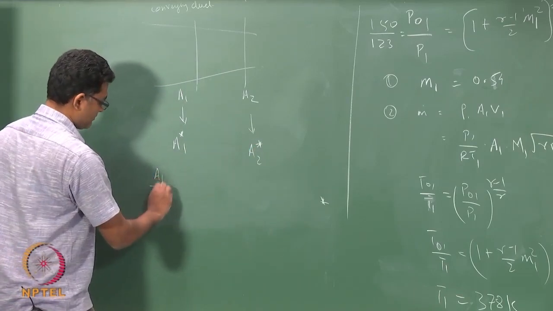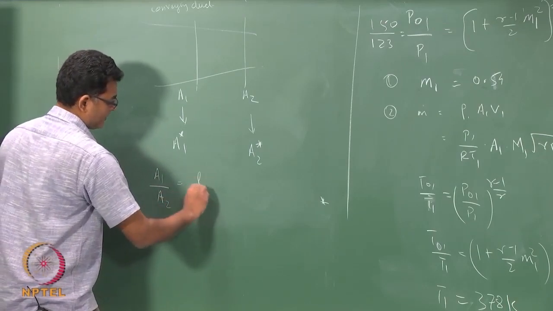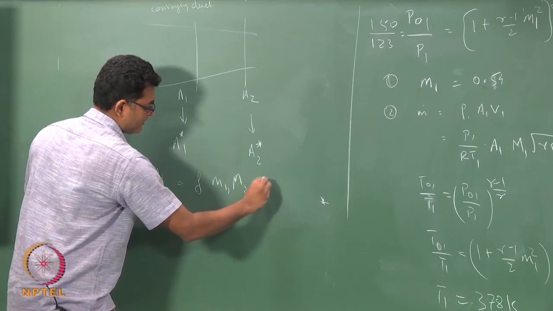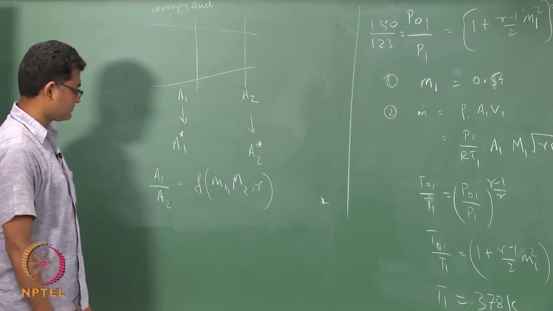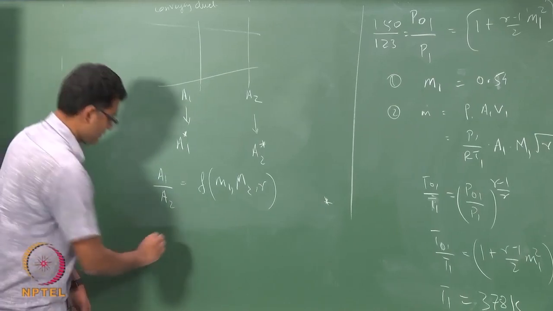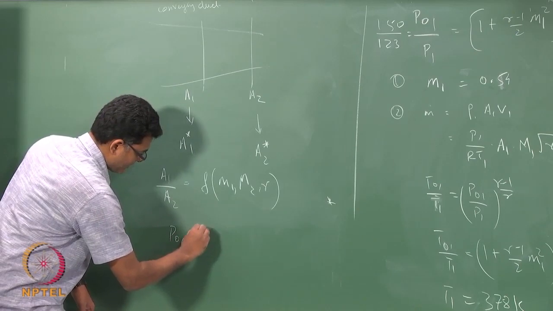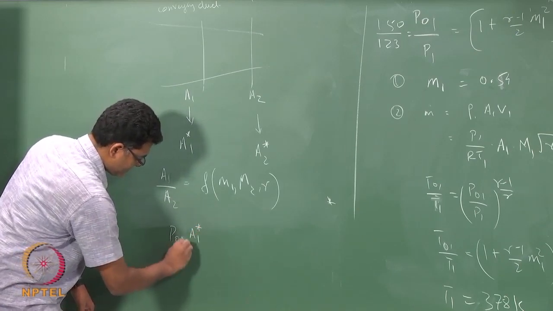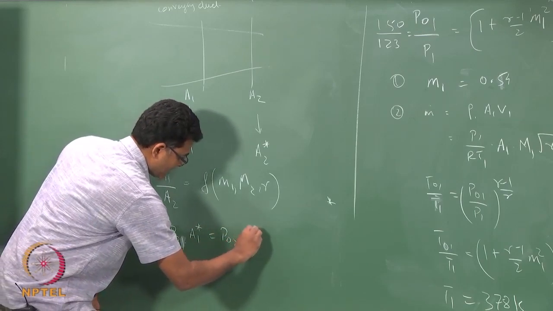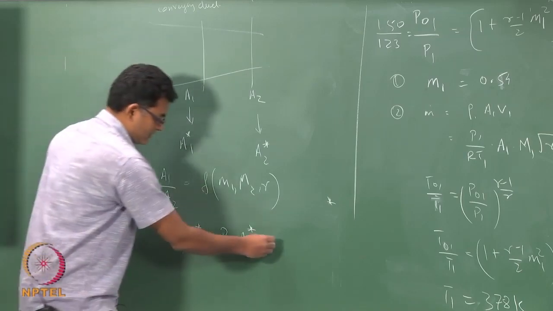So, A1 by A2, I have in Mach number 1 and Mach number 2, the relation which we have already derived. If the process is isentropic, we know that P01 A1 star equals P02 A2 star.